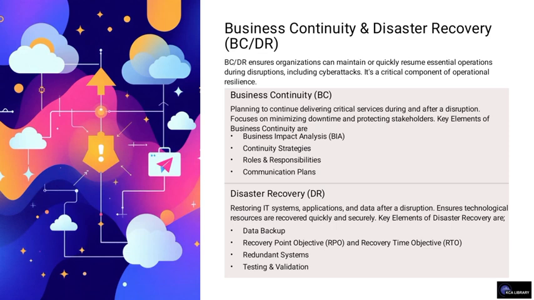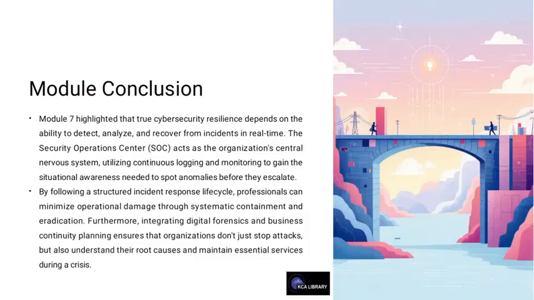Disaster recovery is recovering IT systems, applications, and data after a disruption, and it ensures technological resources are recovered quickly and securely. Key elements of disaster recovery are data backup, recovery point objective, recovery time objective, redundant systems, and testing and validation.